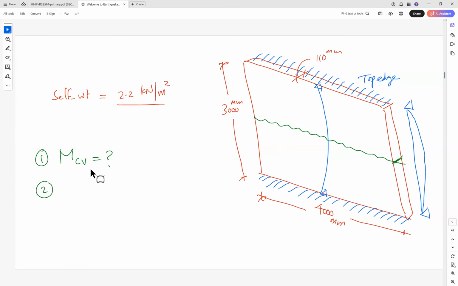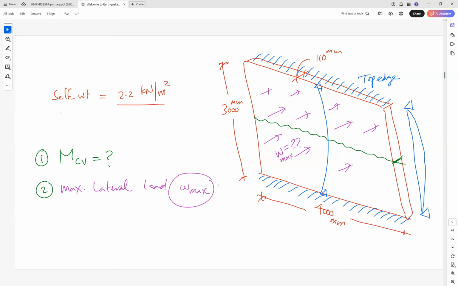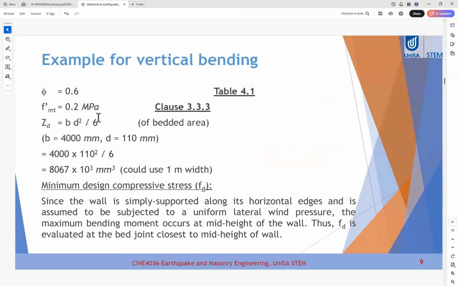So if we apply wind or earthquake load, how much is this value? For example, W. So what is W max? The second is the maximum lateral load on the wall. Okay, so let's start our calculation and our formulas.